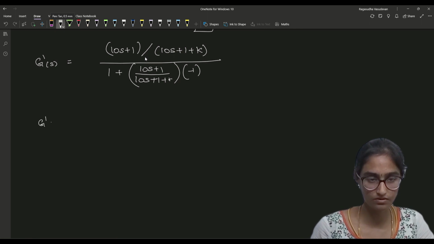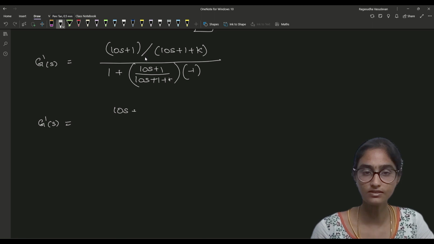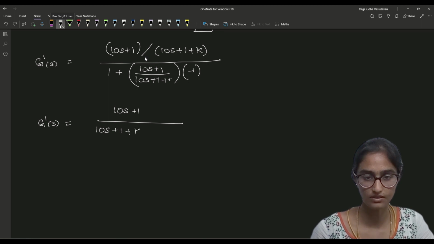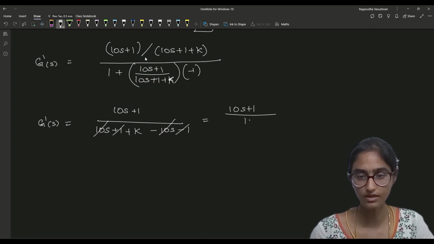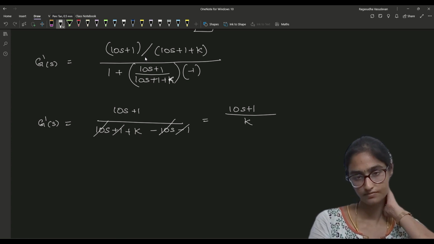So the value of G dash of s will be (10s plus 1) divided by (10s plus 1 plus k) minus 10s minus 1. So this 10s cancels and the plus 1 minus 1 cancels. So what is the value of G dash of s? This is (10s plus 1) divided by k.